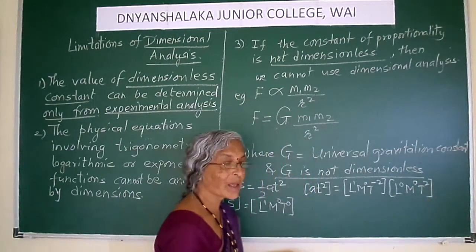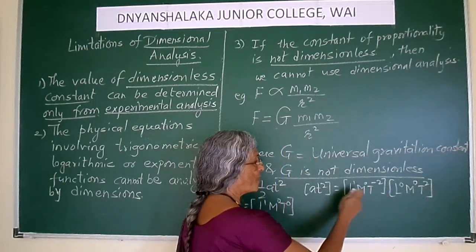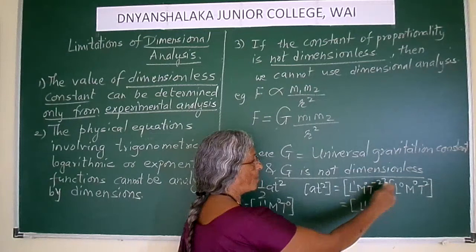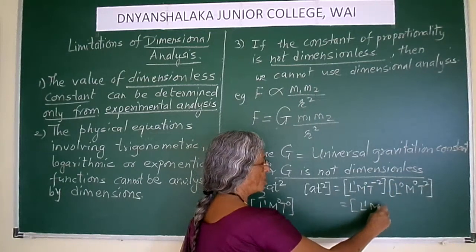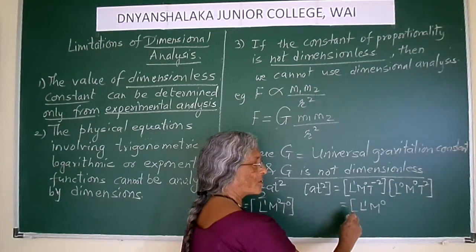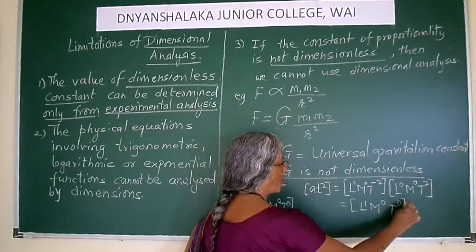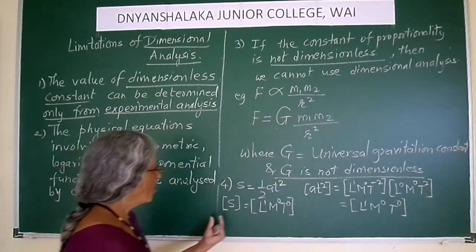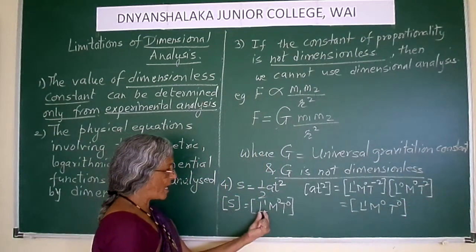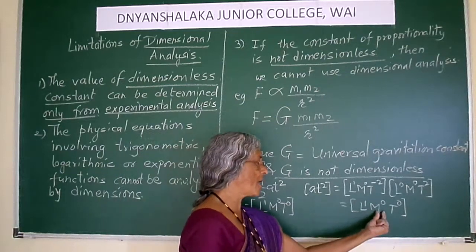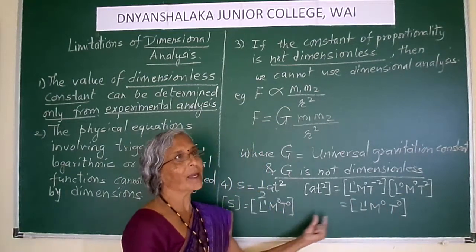ऐसे आएगा. Now using laws of indices, when I find the dimensions, it will be L raised to 1 plus 0 means 1. M raised to 0 plus 0 means 0. T raised to minus 2 plus 2 हो जाएगा 0. अब देखो dimensions of displacement L1 M0 T0, dimensions of AT square L1 M0 T0, दोनों same है.